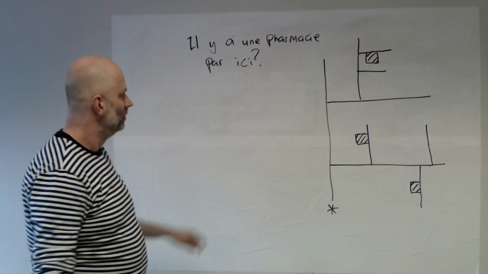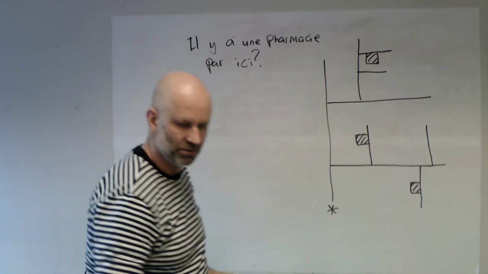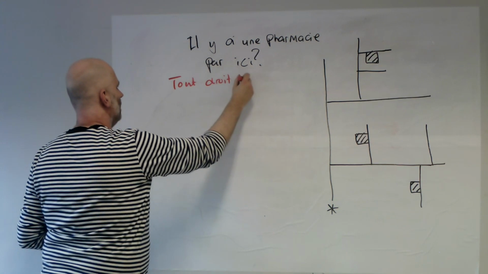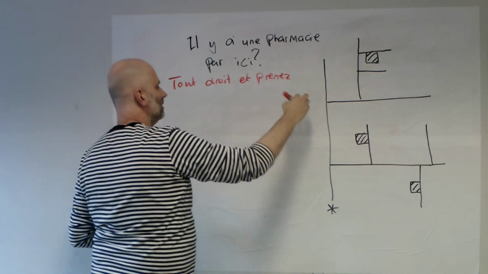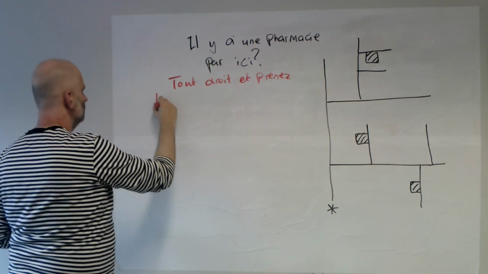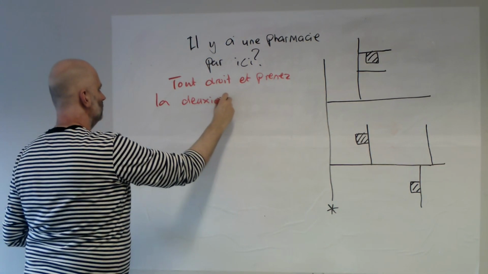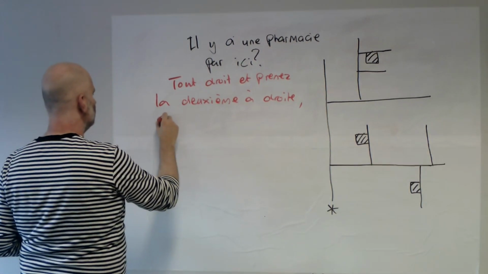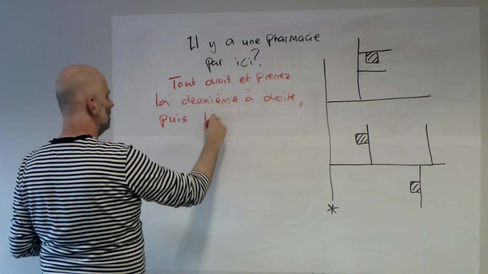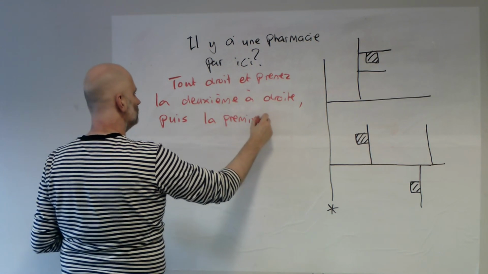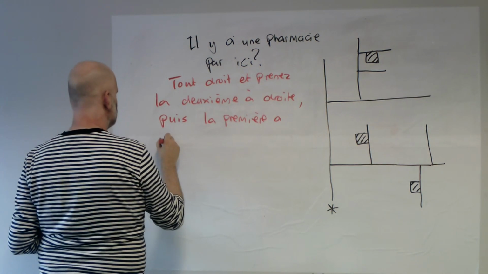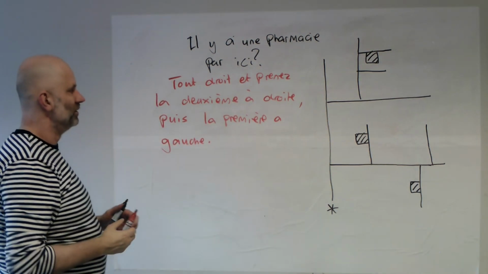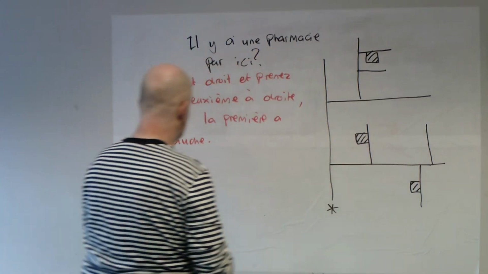Okay, so for this one, we need to get to here, so, allez, so tu dois, et prenez la deuxième à droite, puis la première à gauche, and then I would say, then we're on here, then I'd say continuez tout droit.